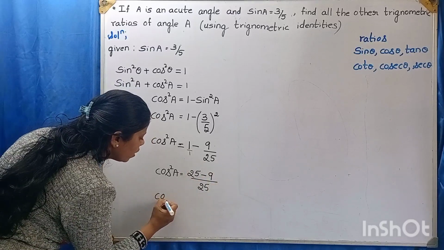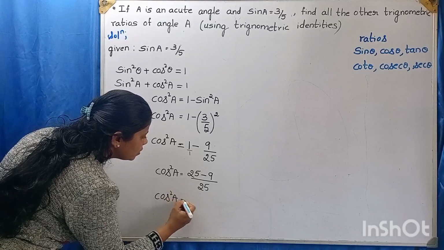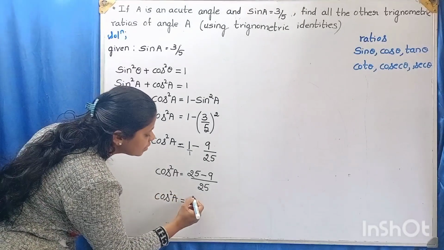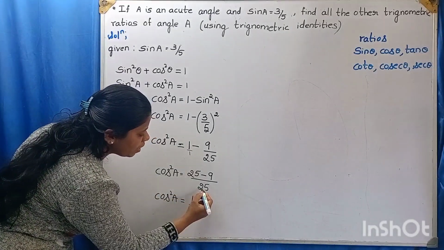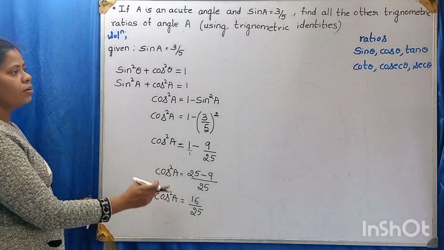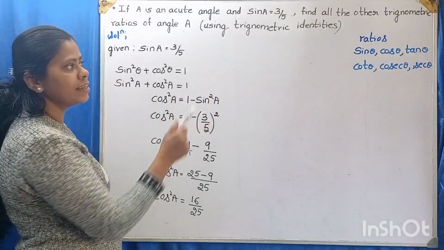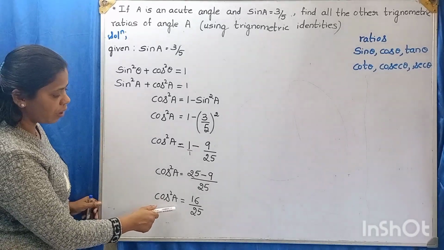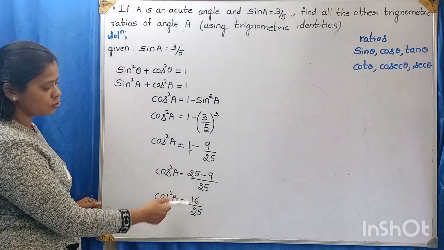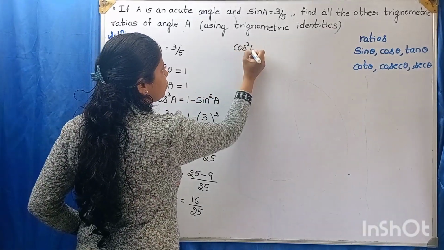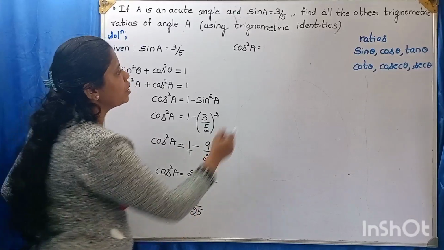That is cos square A is equal to 25 minus 9 is 16 divided by 25. So cos square A is equal to 16 by 25.